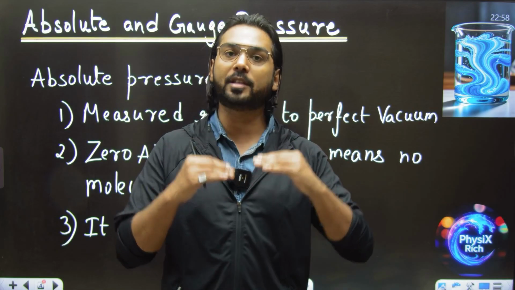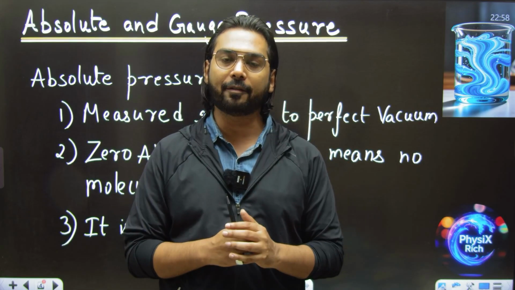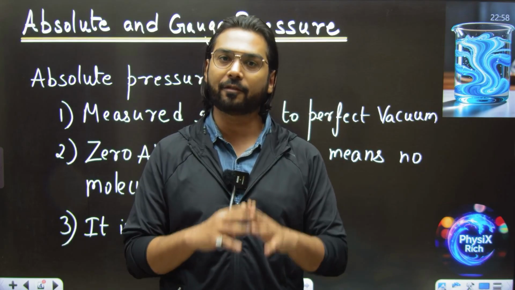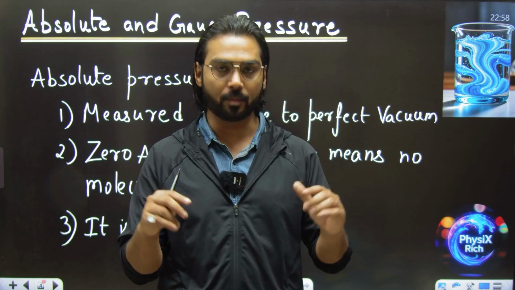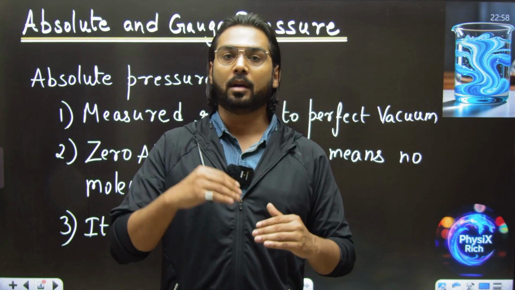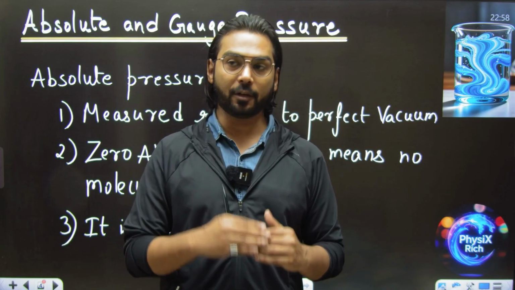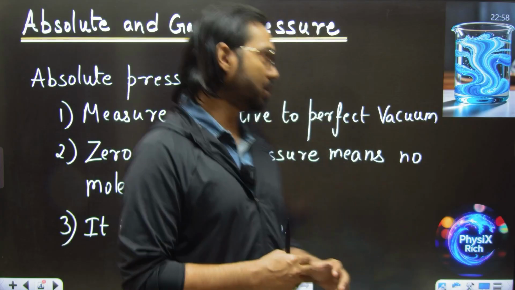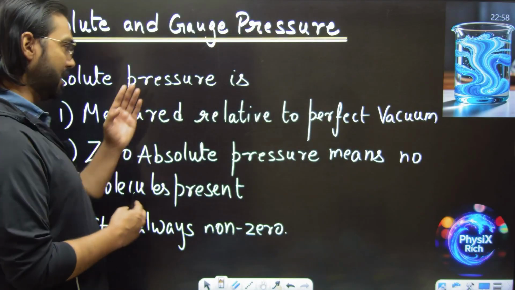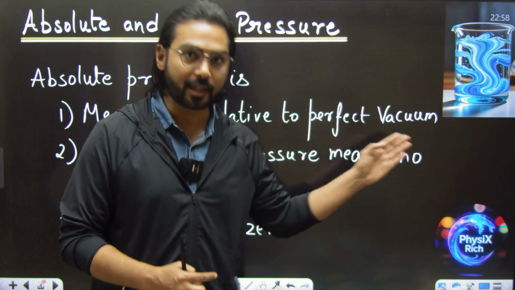Above all of this atmospheric layer, we have space, we have vacuum. Okay, we can approximate it to be a vacuum. Now, we calculate the absolute pressure with respect to the perfect vacuum. So that's why it's measured relative to the perfect vacuum.